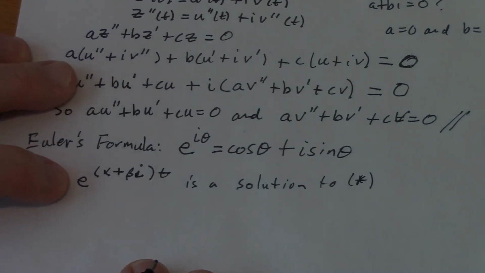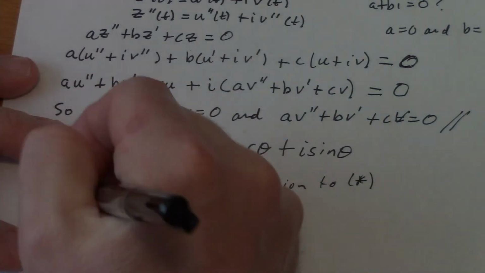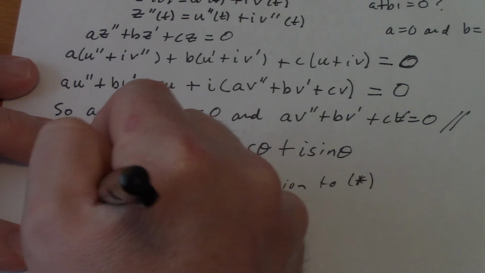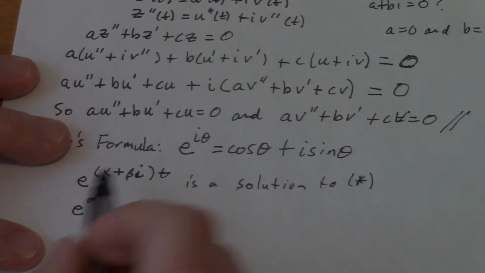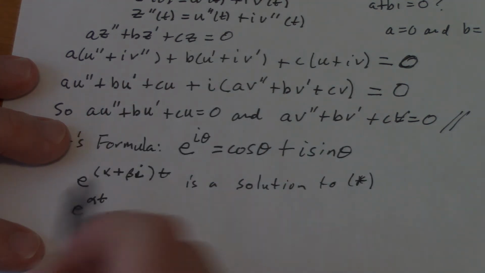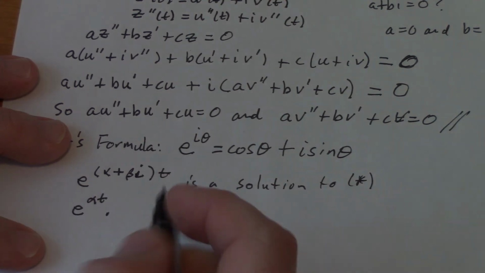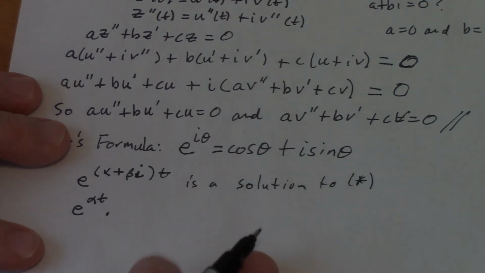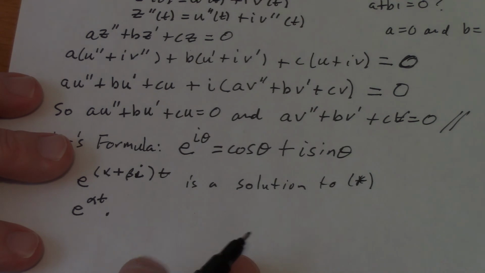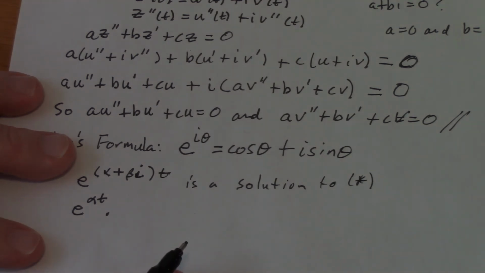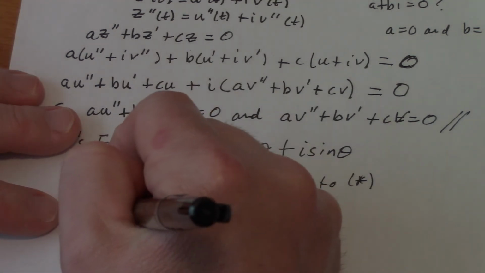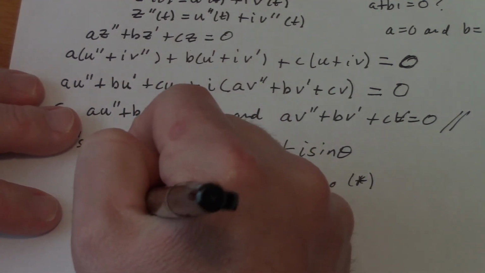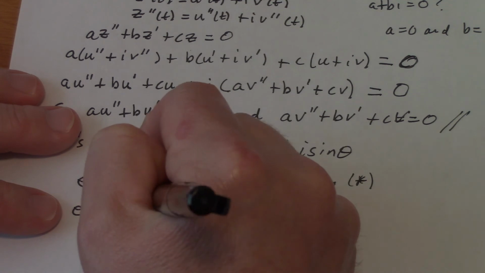So let me just go through and derive something then. So we've got that e to the alpha t, and you know when you have e to the a plus b, that's e to the a times e to the b. Kind of like we did in first order differential equations when the right hand side was kt plus c and you exponentiated both sides. So this is e to the alpha t times e to the, let me write it this way, i beta t.